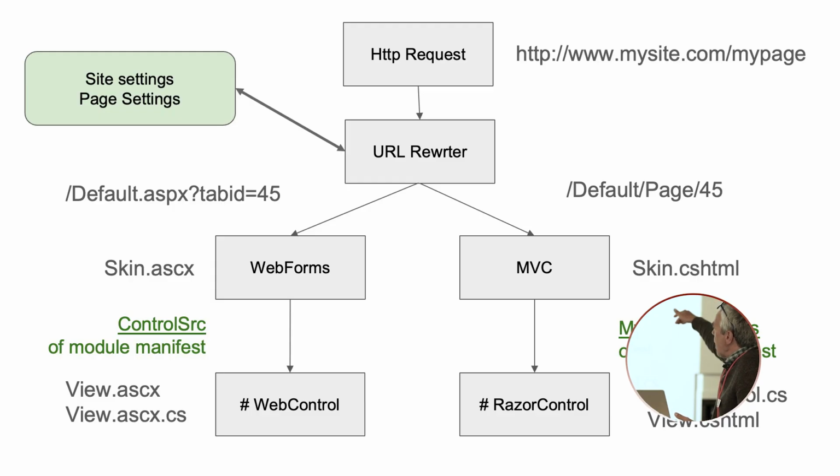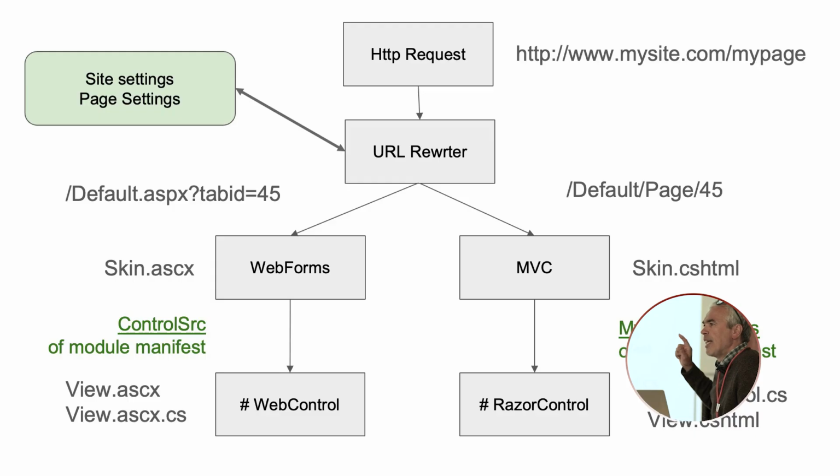After that, in the MVC pipeline, in place of using an ASCX skin, it will use a Razor skin. And then, for the modules, it will use a new setting in the module manifest.